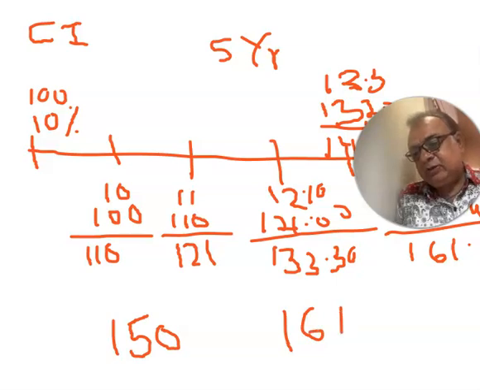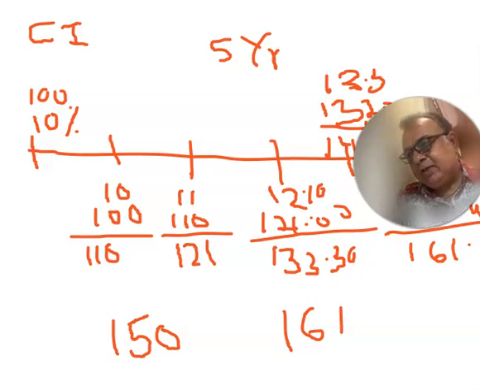This is a difference of 11 rupees on the same 100 rupee note. In examinations, all questions come on compound interest. If they especially ask you to calculate simple interest, then you use the simple interest formula. Otherwise, all interest is compound interest annually.